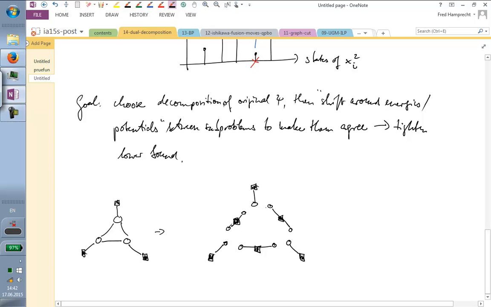So I should put a plus everywhere. Sorry? Yeah. On the left, you just omitted the pairwise potential. Thank you.